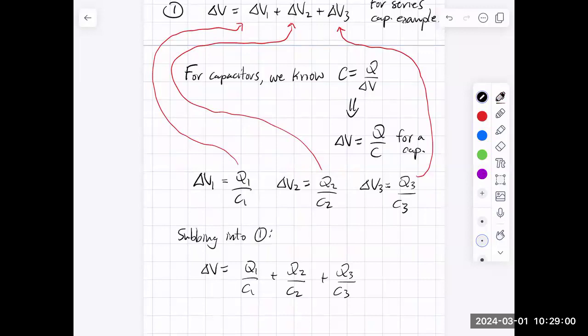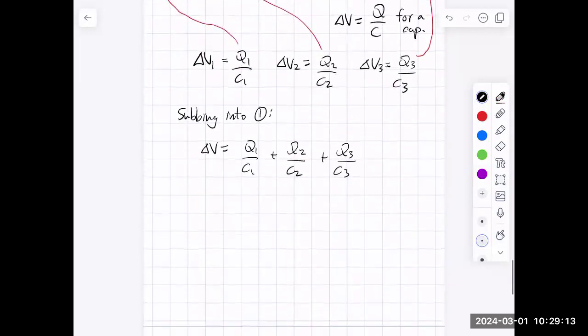Okay, so we're very close to where we want to be. The last step is to say, all right, we have a series combination of capacitors. I'd like to represent that using a single equivalent capacitor. So the idea is we'll start with our original circuit.